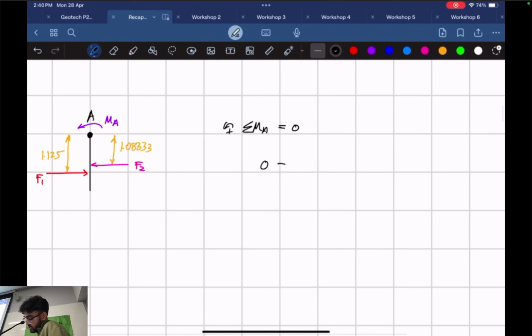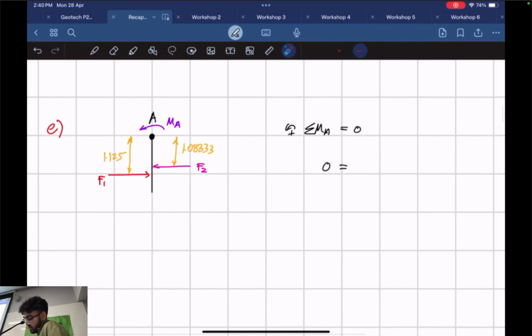Let's take a look at the forces individually. F1, when acting on the gate, causes the gate to rotate anti-clockwise. Think about it: this is our gate, and we're putting a force here. It's going to cause the gate to move like that, if it's hinged at the top.